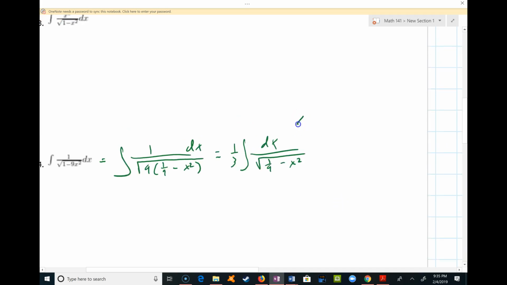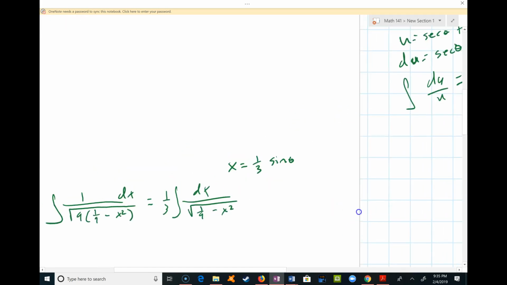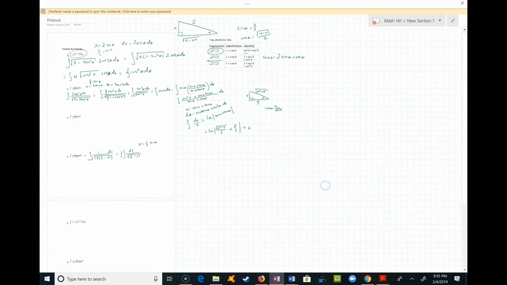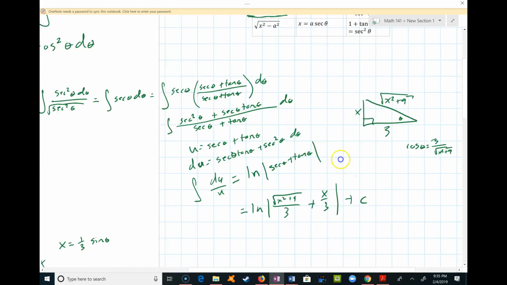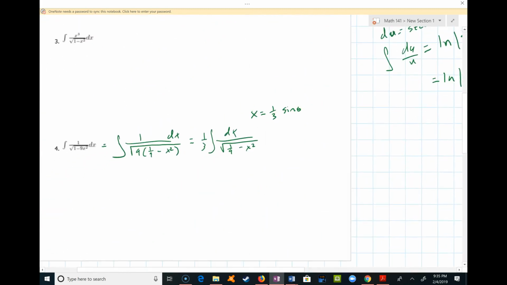So we want x to be equal to 1/3 sine theta, because remember, if it's a perfect square minus x squared, we want to use sine theta. So then my dx will be equal to 1/3 cosine theta d theta.